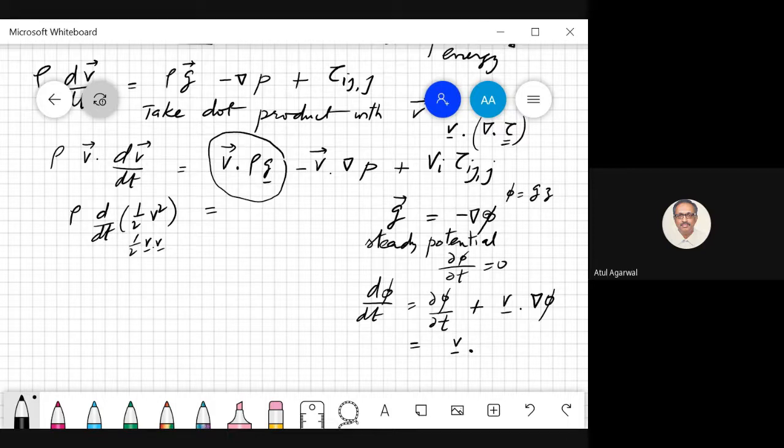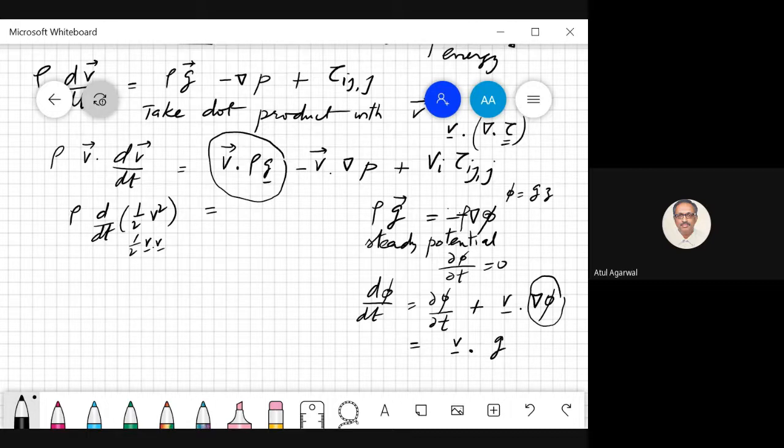You had rho g bar, so you get gradient of phi is nothing but g.